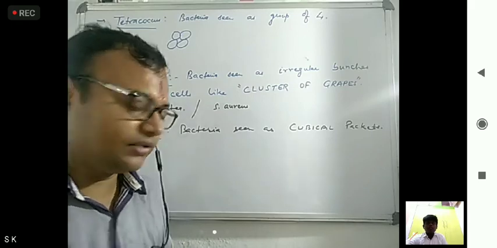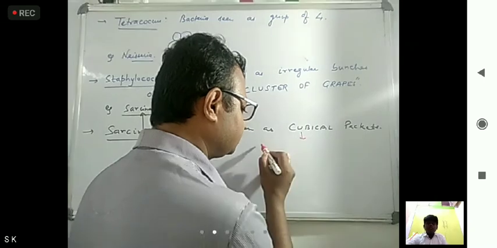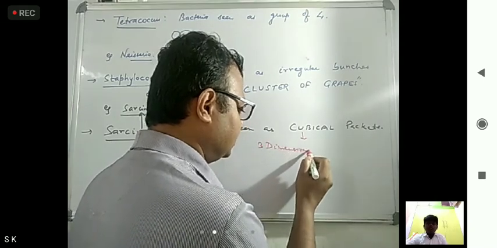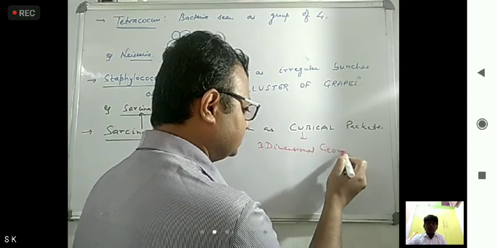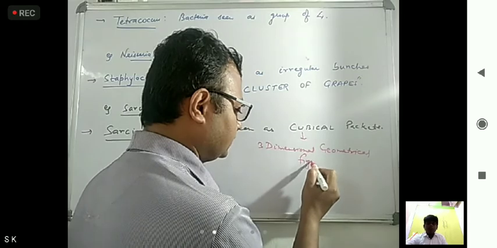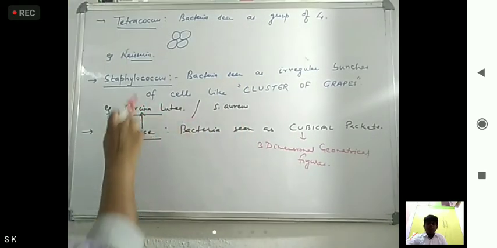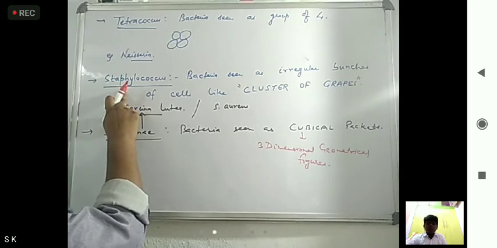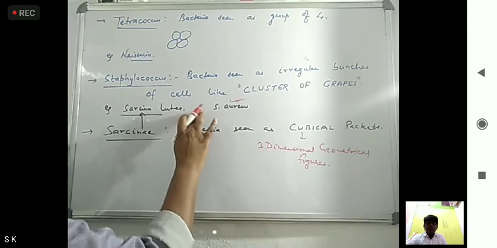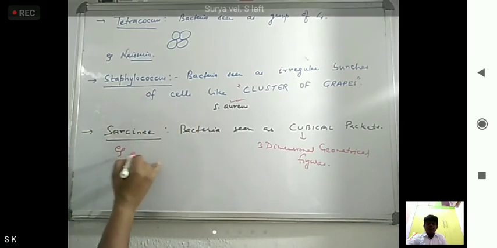The bacteria are seen as cubical packets, or forming 3-dimensional geometrical figures. So we can say cubical packets or 3-dimensional geometrical figures. Under that, Sarcina lutea; if Staphylococcus is asked, you can write Staphylococcus aureus, and you have to put Sarcina lutea in Sarcini.